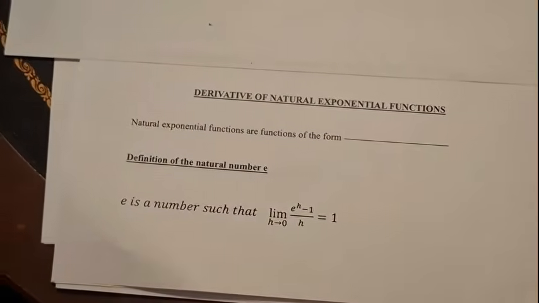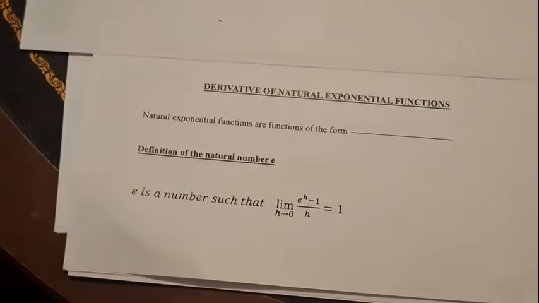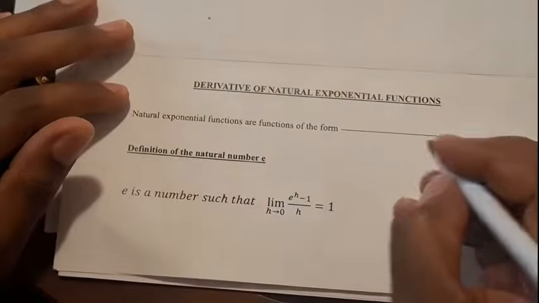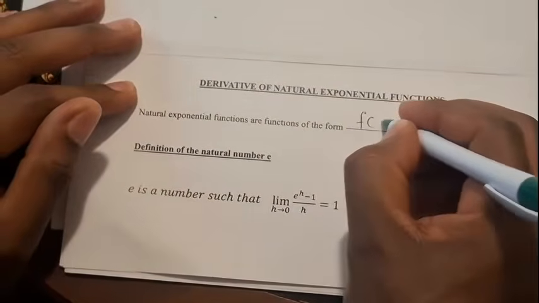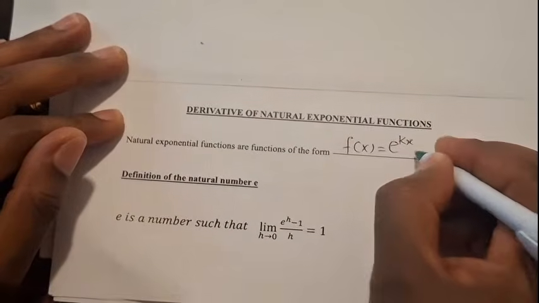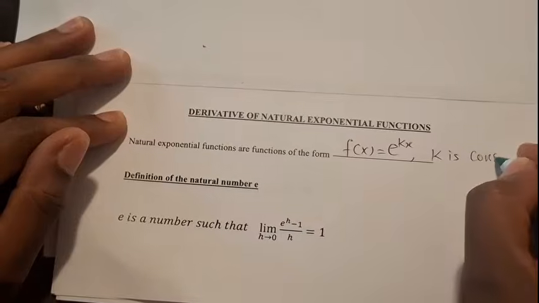So the next thing we'll talk about is the derivative of natural exponential functions. Natural exponential functions are functions of the form f of x is equal to e exponent kx, where k is constant.